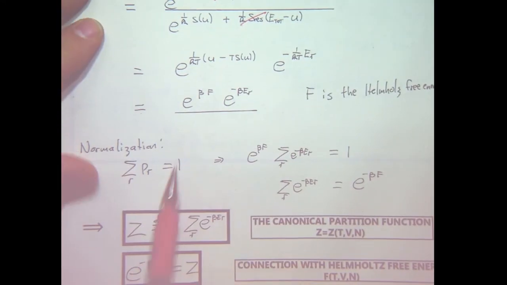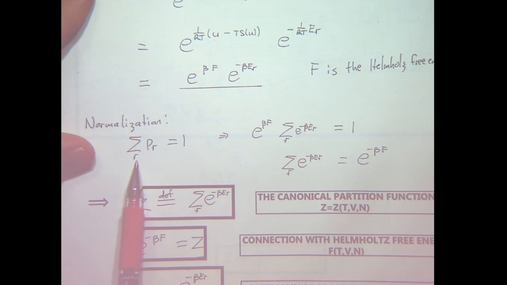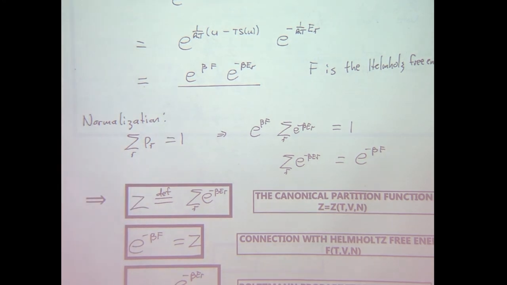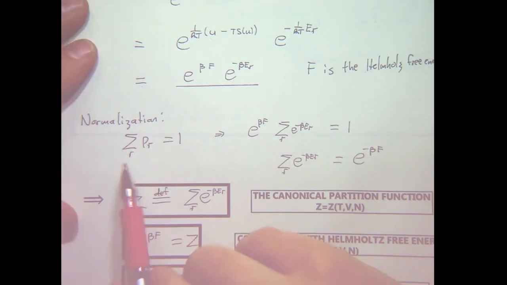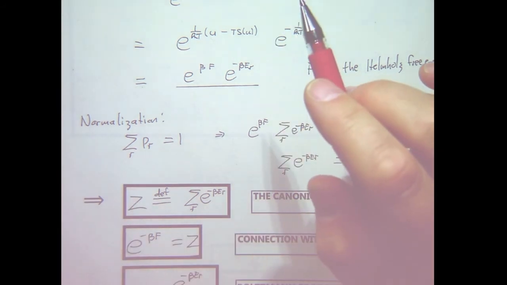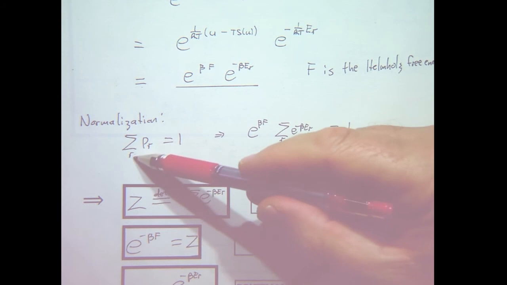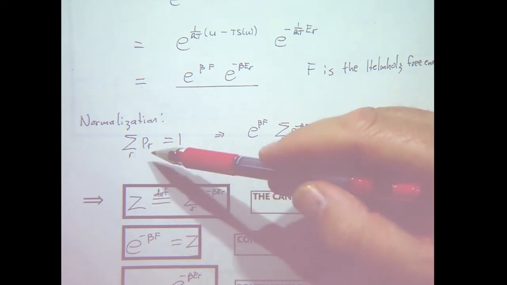So we need to normalize the probability. So the sum over all states of the small system. Now the small system might contain many particles, so it's a many-body system. So this R potentially has many labels; you need to specify a set of many things in here, many eigenvalues.